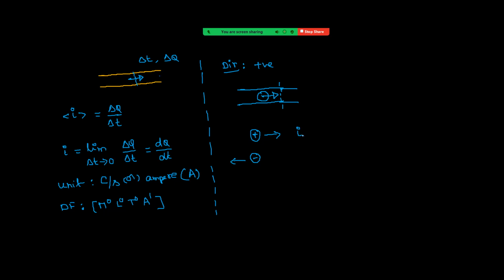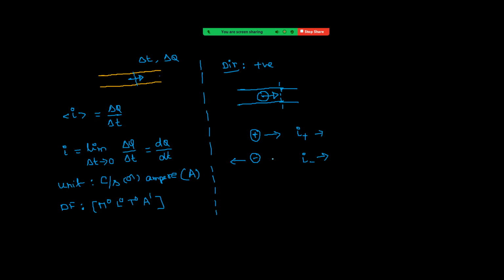And because of the negative ions, the direction of current is opposite to the direction of motion of negative charges. So the current due to negative ions is also to the right side. Therefore, both currents are to the right, and the current through that substance is the sum of these two currents.